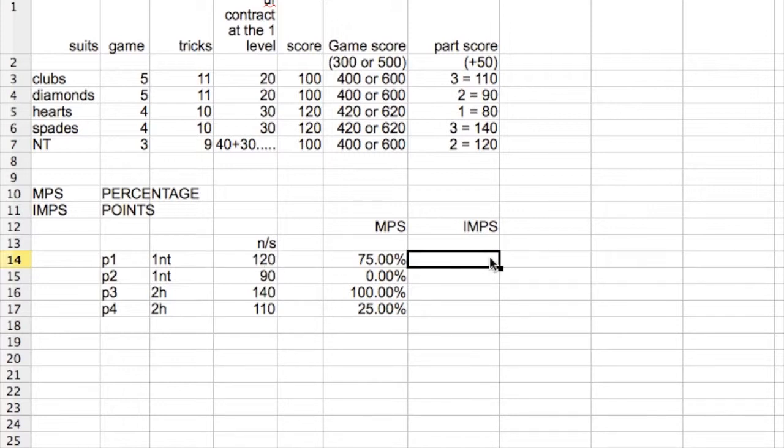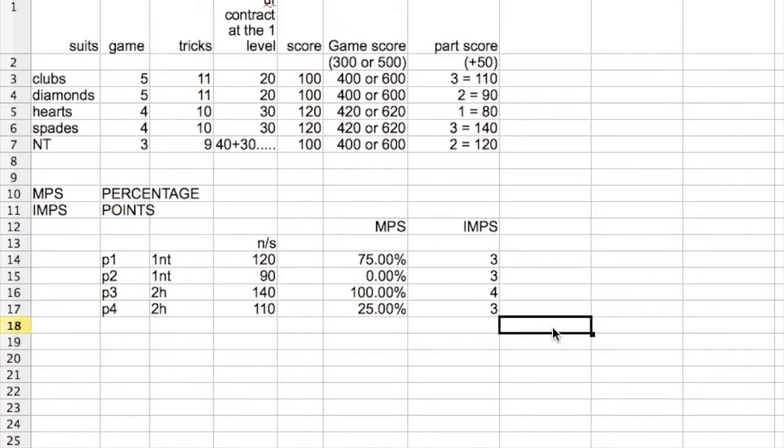Okay, so in this particular instance, 120 would give you 3. Just 3. 90 would be 3 as well. So 90 to 120 is a 3. But 140 would be a 4, and a 110 would be a 3.